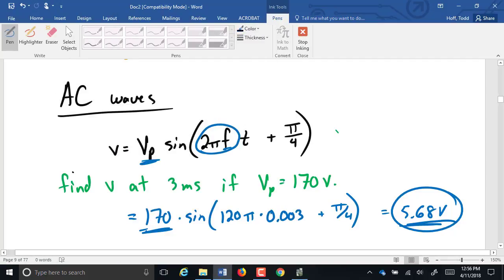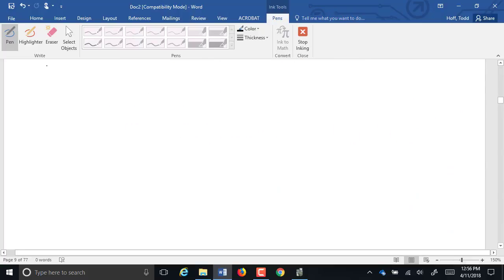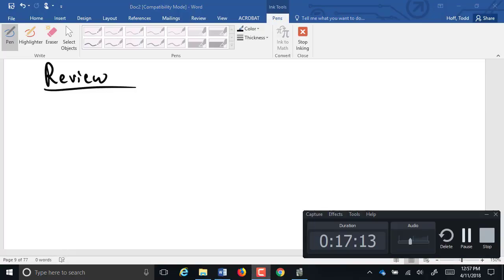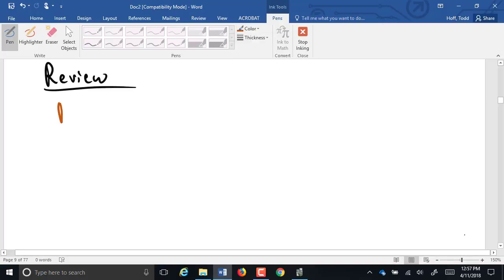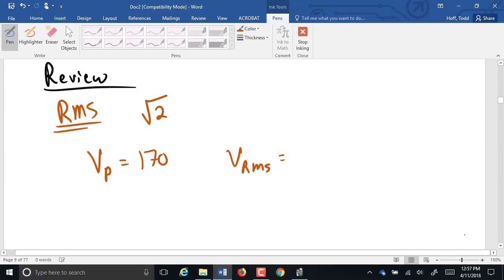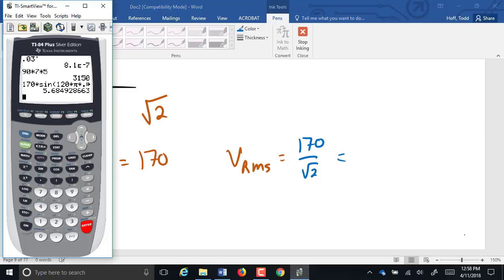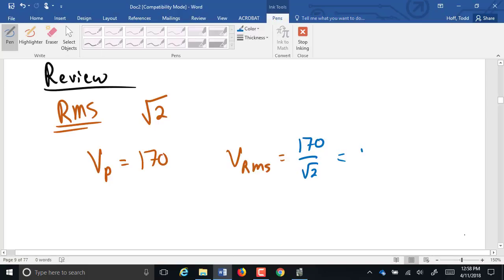Any questions? A little bit of review. First, RMS. What's the magic number for RMS? Square root of 2. So if I told you my peak voltage is 170, how do I find my RMS voltage? 170 divided by square root of 2. 120.21.